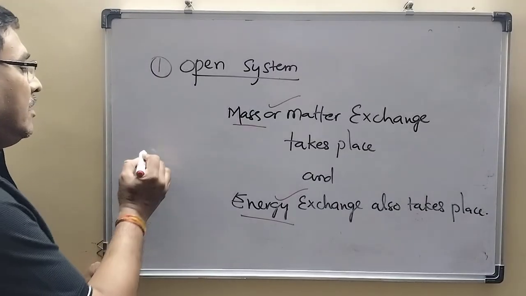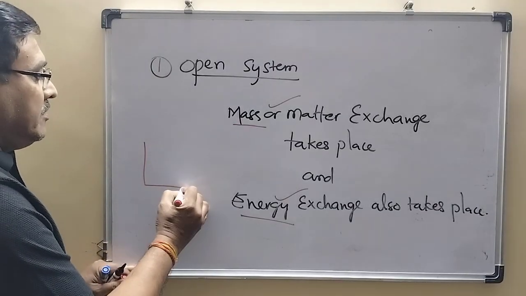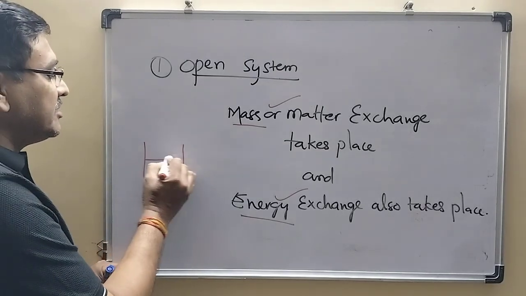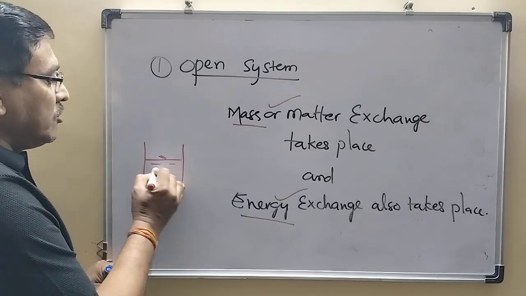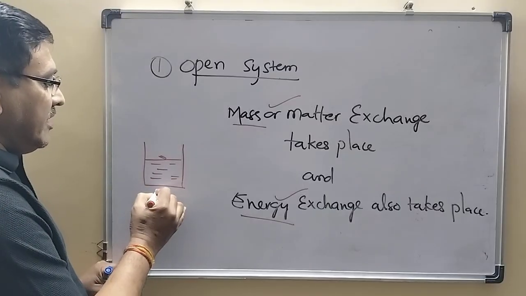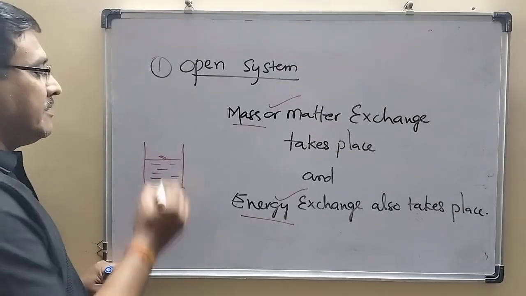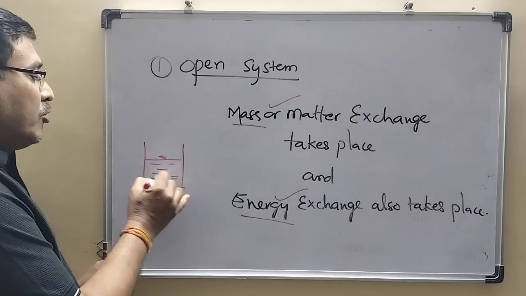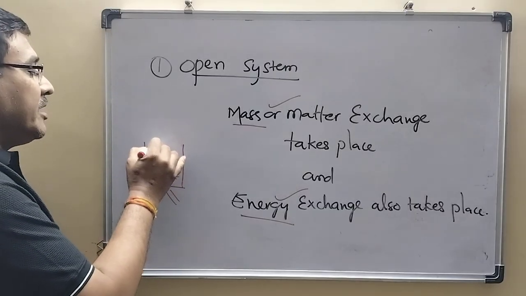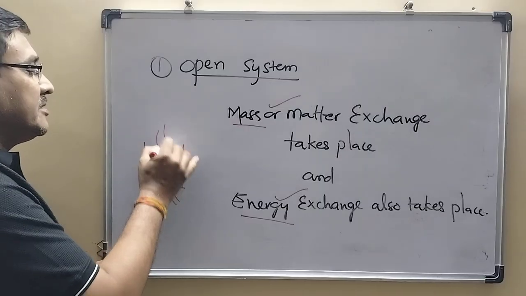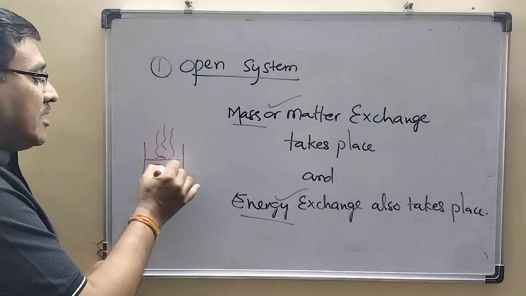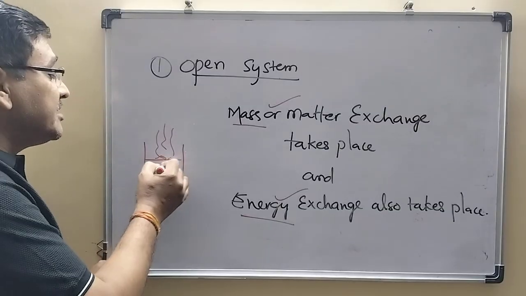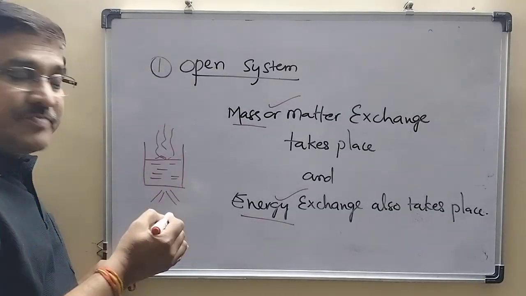Observe, I take a small beaker. This is the small beaker. This is the water. So if I heat it, slowly some portion of the water evaporates. That means there is a transfer of mass or exchange of the mass taking place from the system.